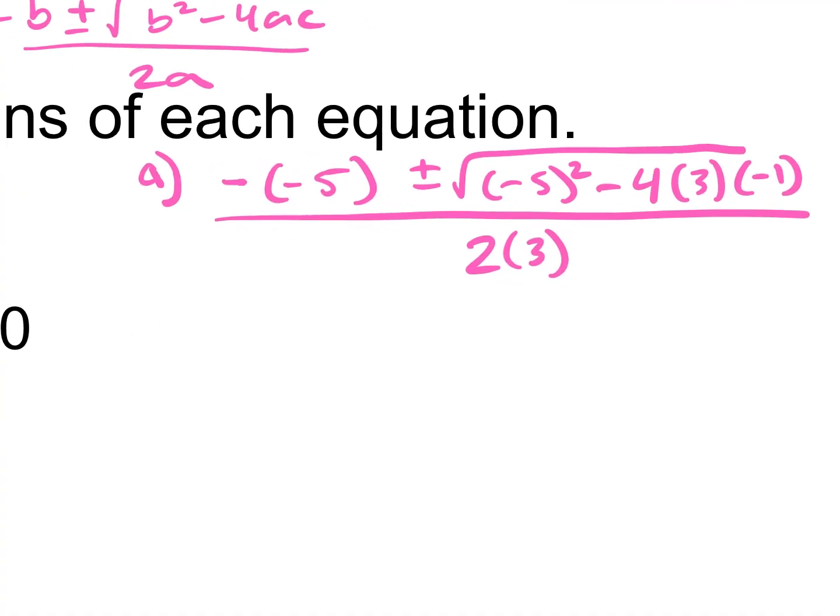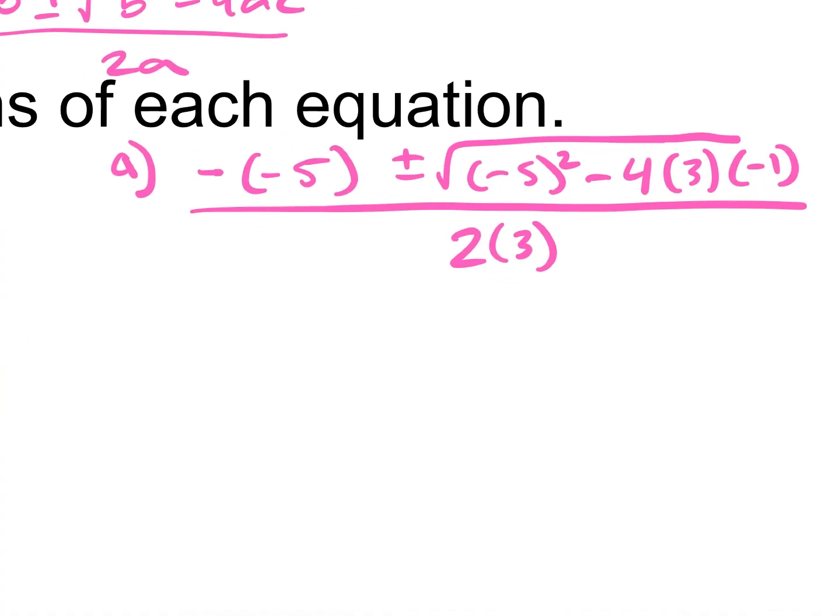From here, we simplify. Negative 5 would turn into what? Positive 5. So positive 5 plus or minus the square root of negative 5 squared is positive 25, minus 4 times 3. So negative 4 times 3 is what?